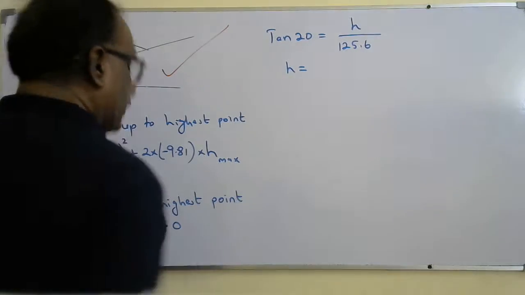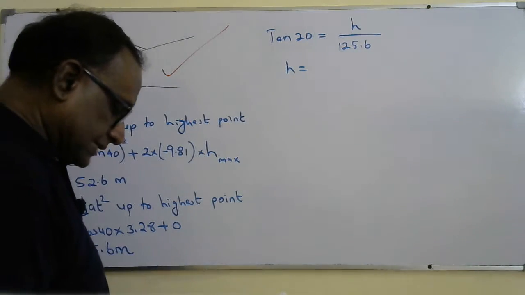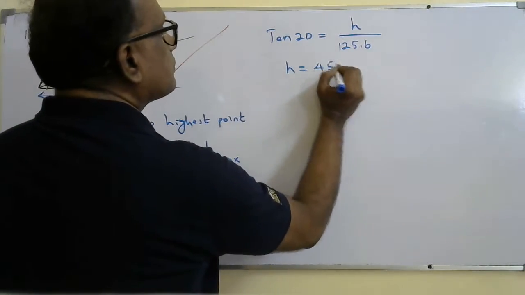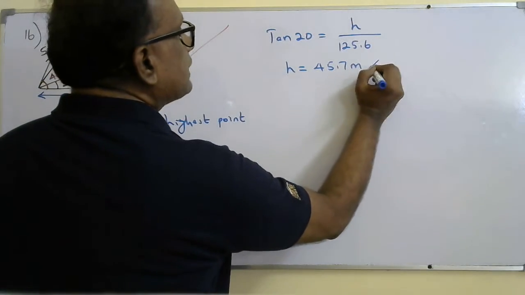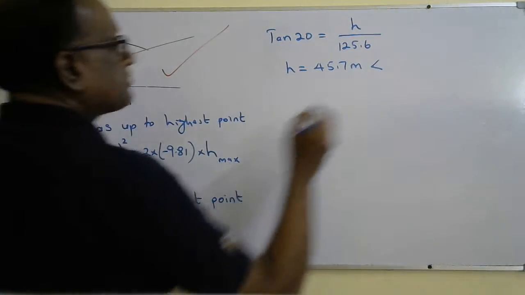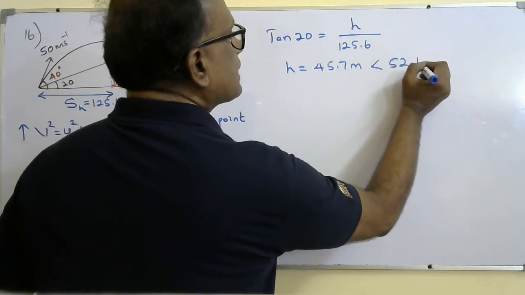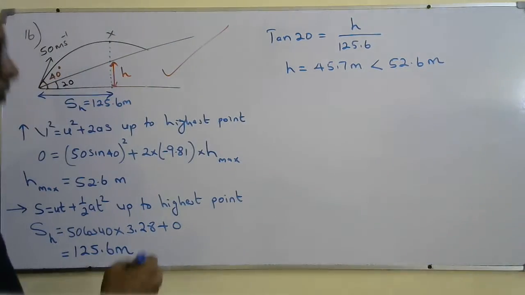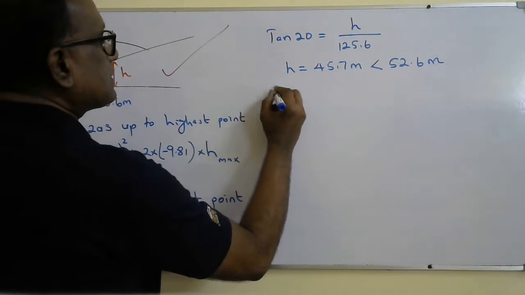So h equals 45.7, which is less than h max, 52.6 meters.